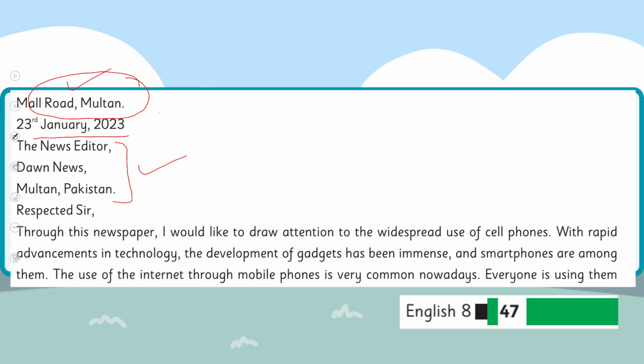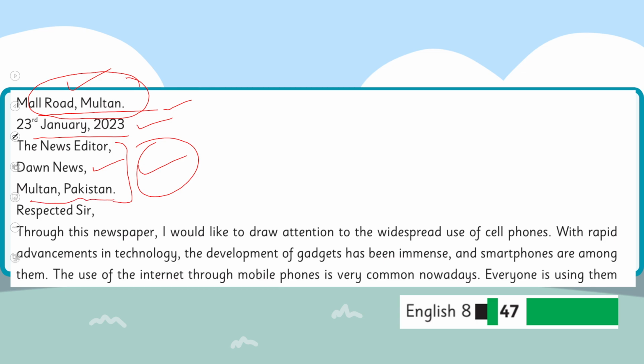Right after your address or your name, give a space and then write the date and then the address of the receiver, or the addressee is what we call it. Now, after that, you can see that here it is mentioned that it is addressed to the news editor of Dawn News, and it is based in Multan, Pakistan.